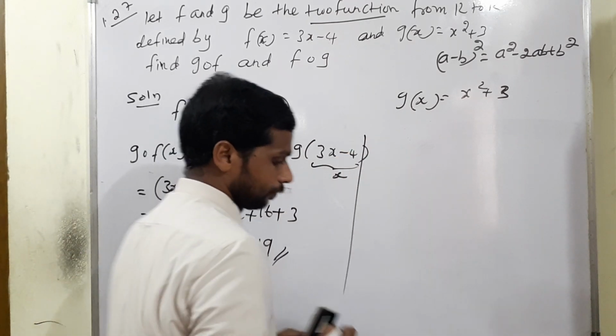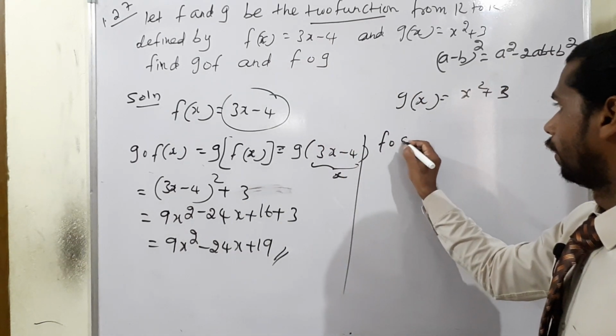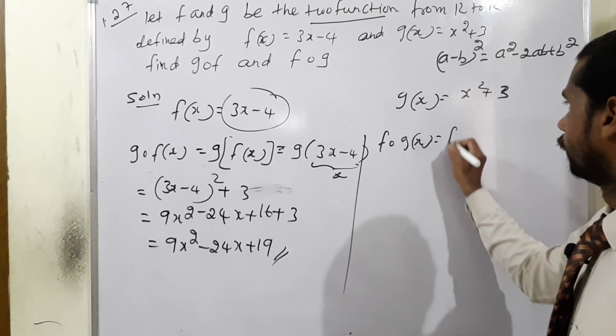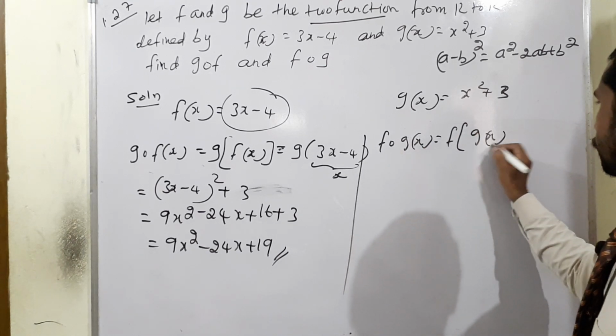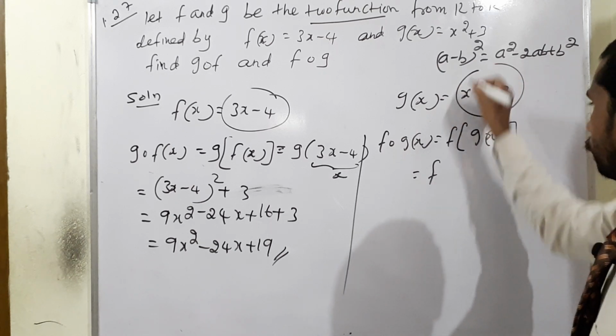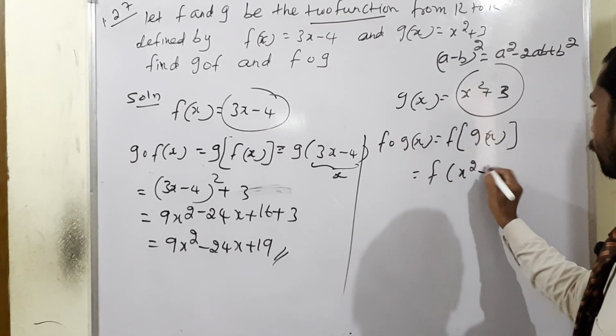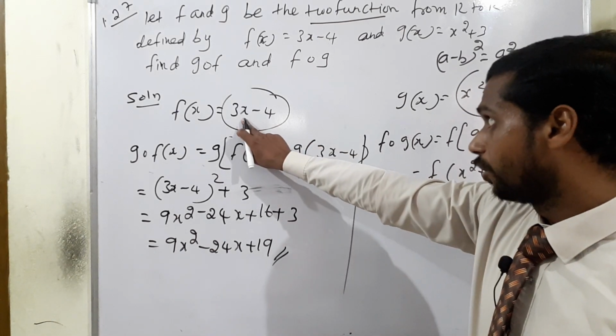Next condition, f composite g, that is f dot g of x. Again rearrange, the dot is converted to a bracket, f of g of x. Again g of x is equal to x square plus 3. Therefore, now f of the condition 3 into x.